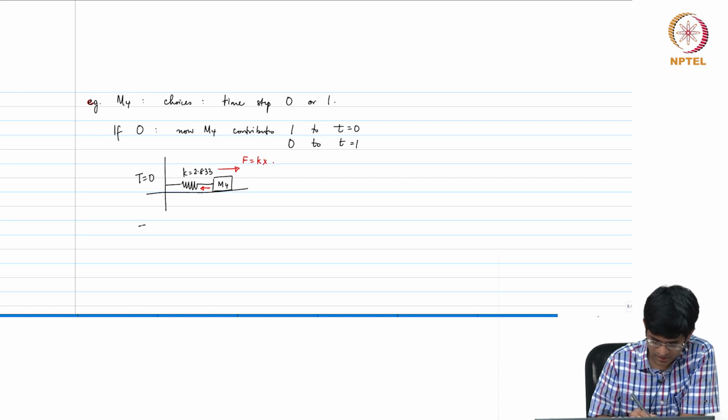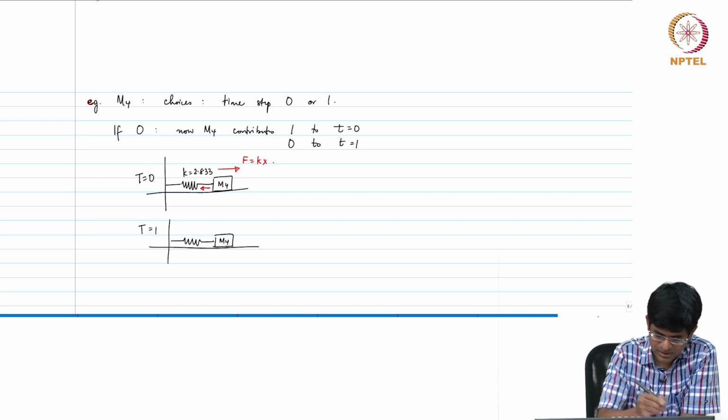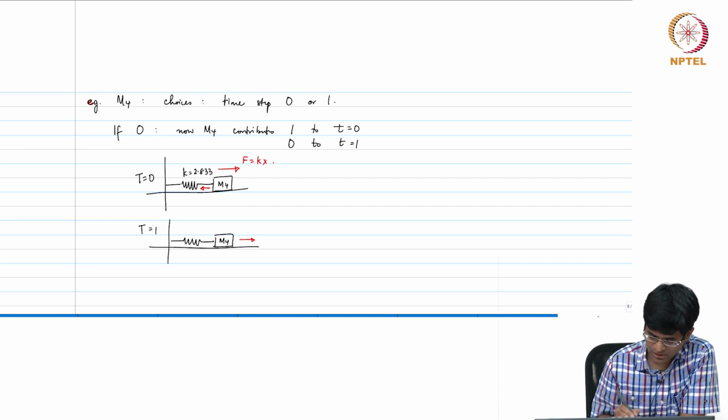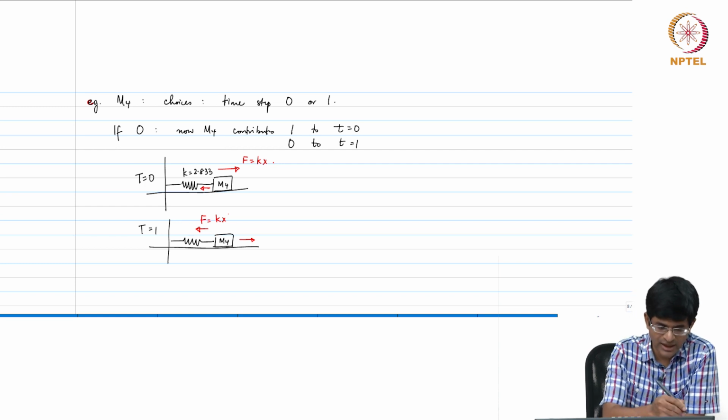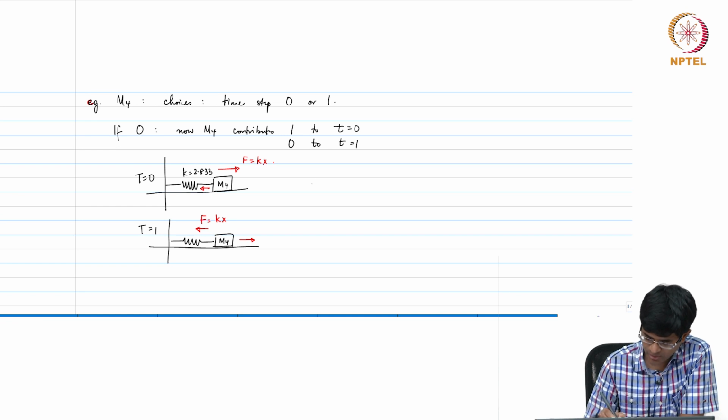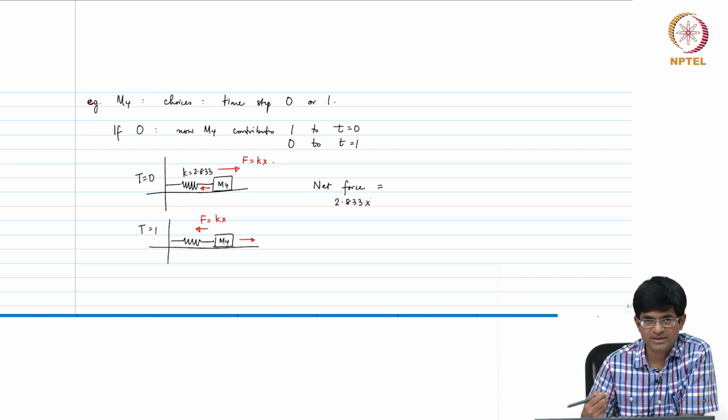Similarly, at t equal to 1, what is ending up happening is, here M4 is trying to move out, it is being pulled back by F is equal to k times x, right. So, effectively what we have over here, in other words, is the net force that is going to act on this particular system is going to be 2.833 into how much is the difference that has been caused in terms of the contribution of M4 to step number 0.